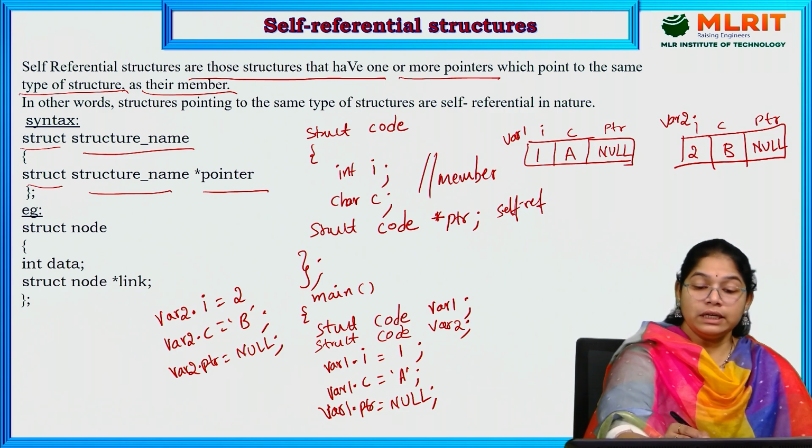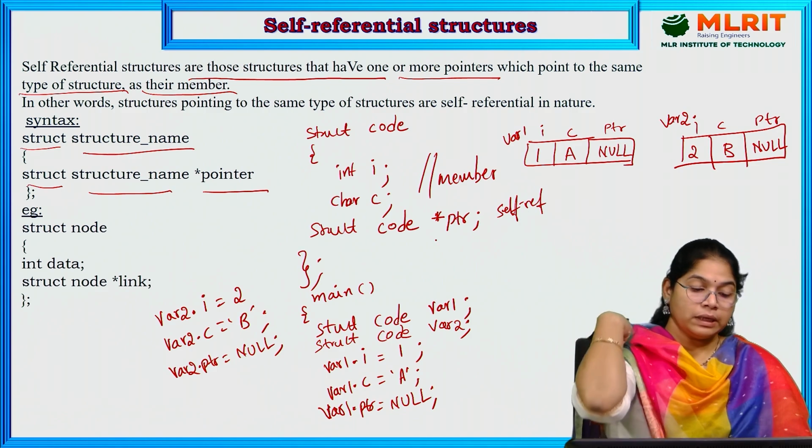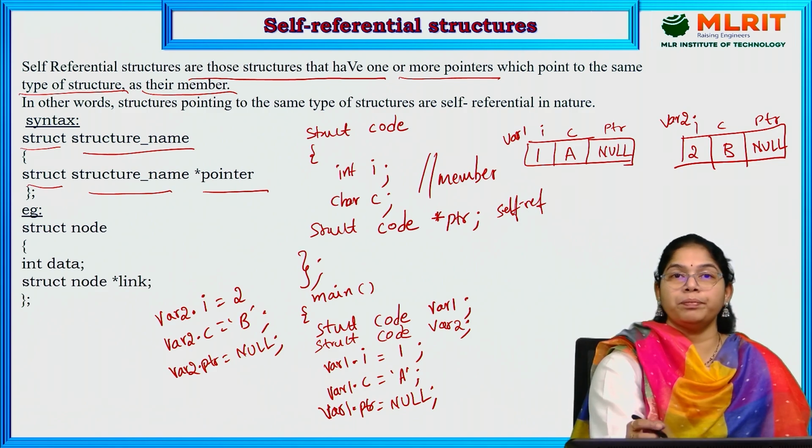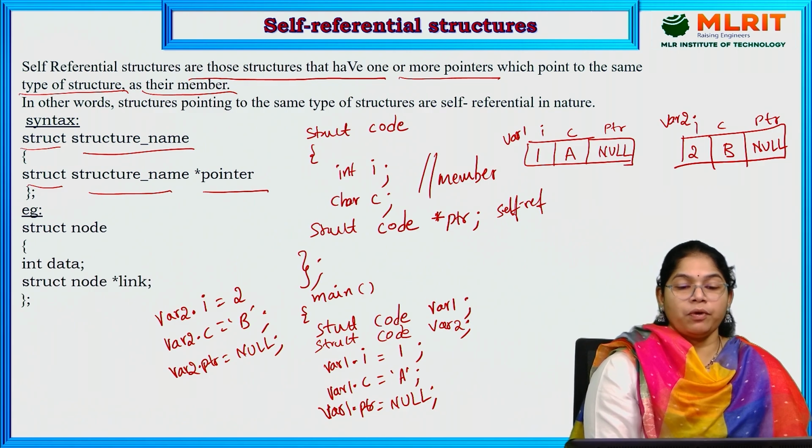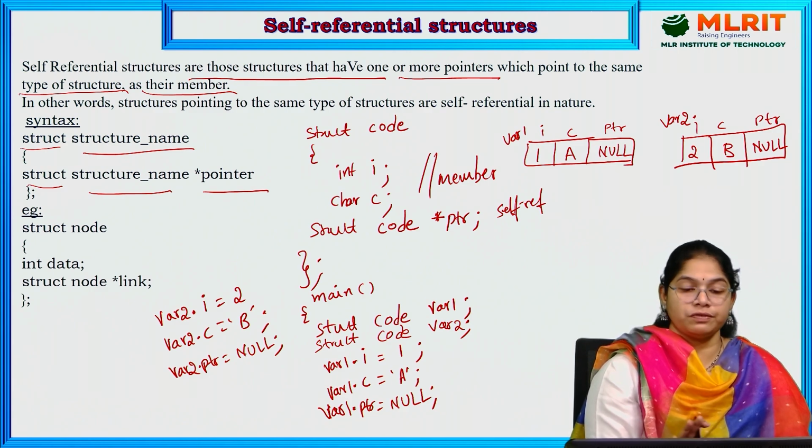Now ptr is a pointer. That means a pointer can hold the address of another variable of the same type.